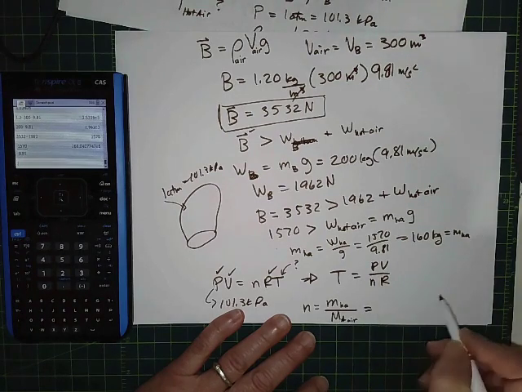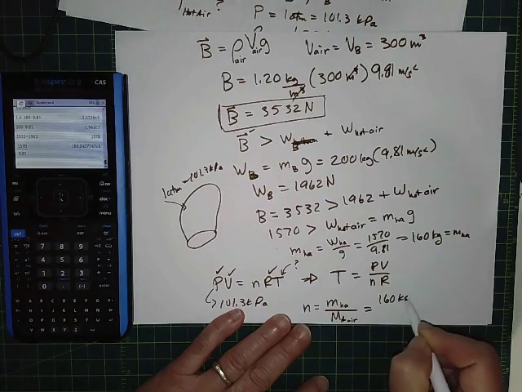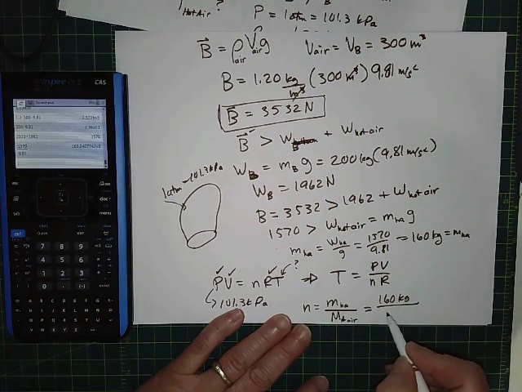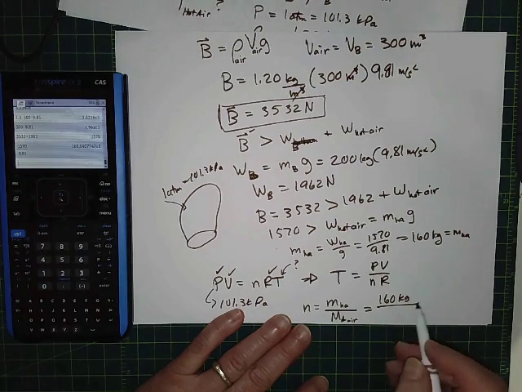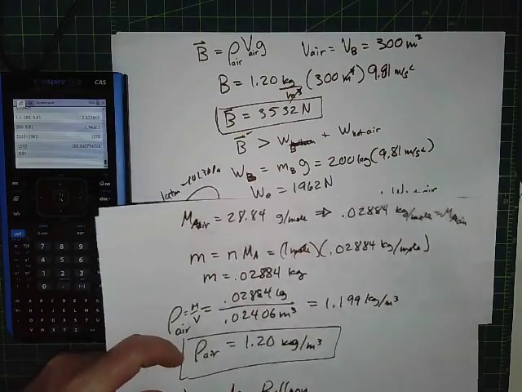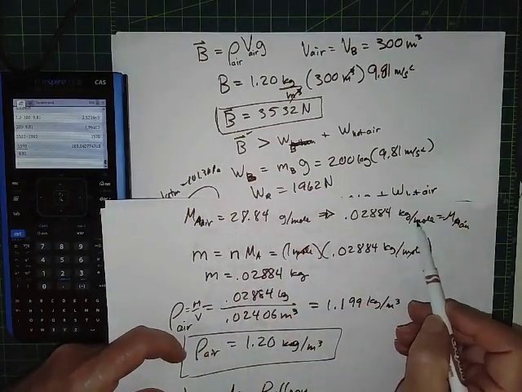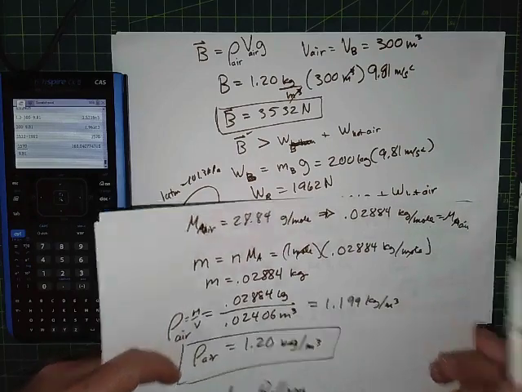So we've got 160 kilograms divided by our calculation from earlier, the molar mass of air, which is 0.02884 kilograms per mole.